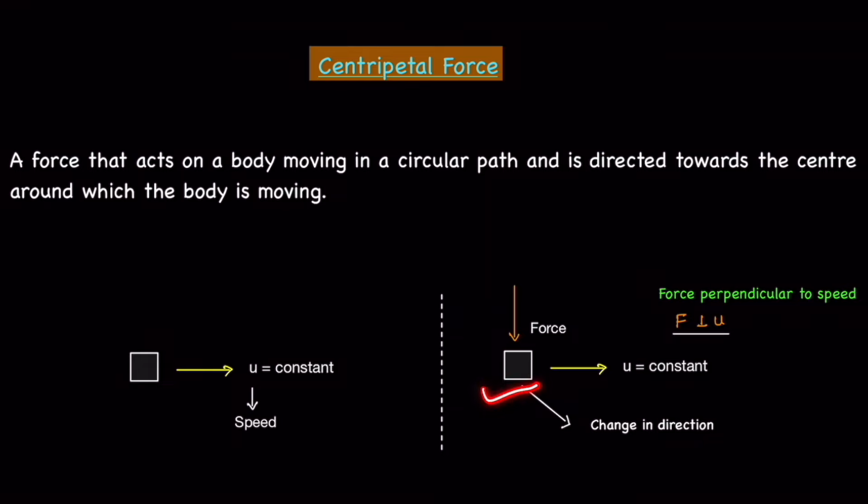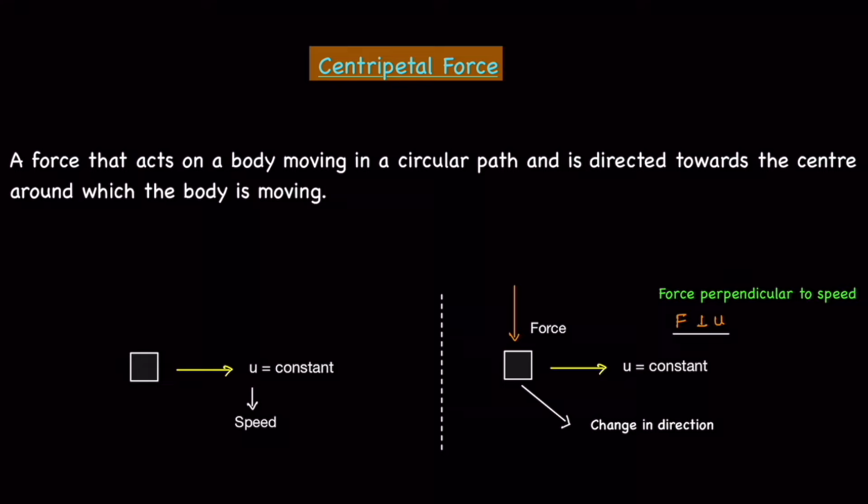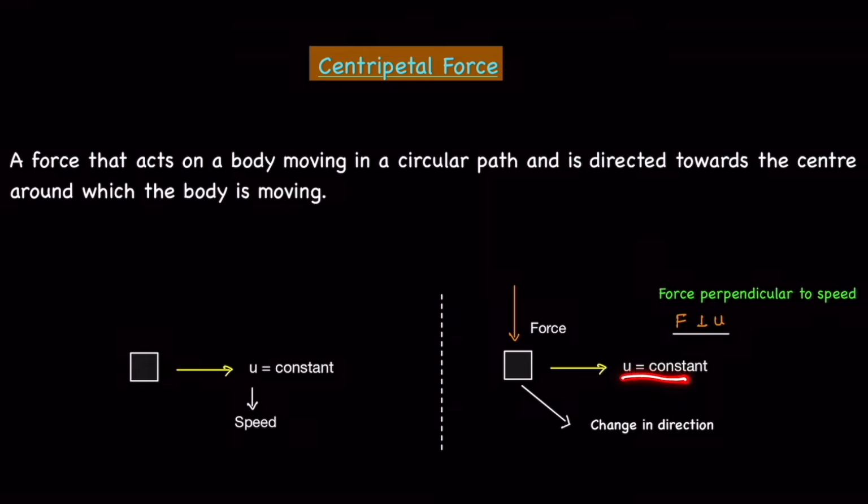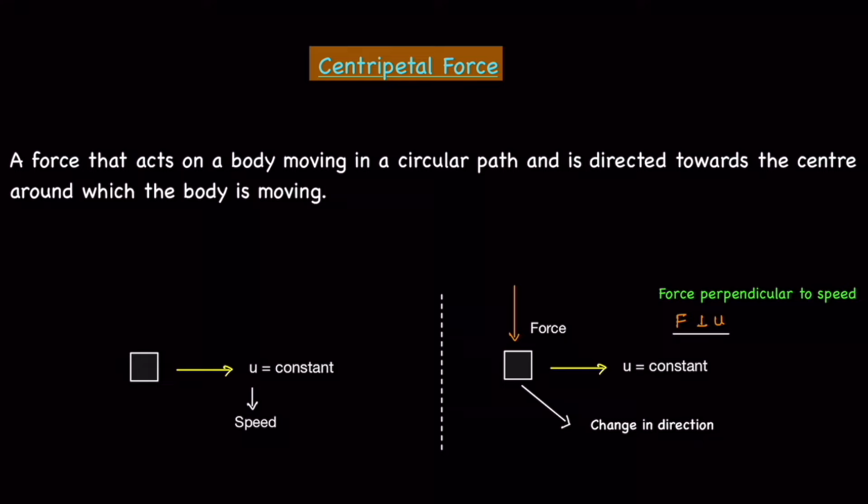Now I applied a force F which is perpendicular to the direction of motion of the body. When we apply a force perpendicular to the speed, the direction of the body will change. Initially it was moving straight, but when we apply the force, its direction changes. Suppose we applied only one force on this body, then its direction changed.